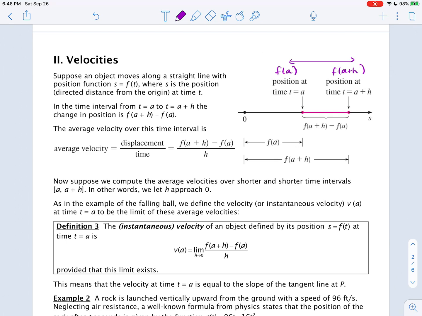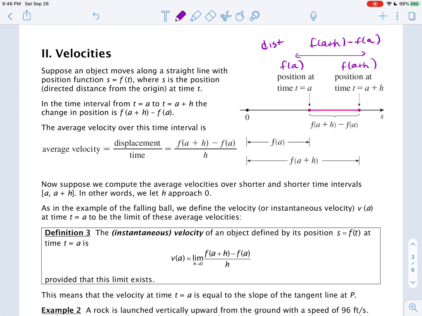is going to be f of a plus h minus f of a. So you see where that difference quotient from pre-calculus is going to be very useful here. And then our difference in time is going to be a plus h minus a, which gives us h, right?